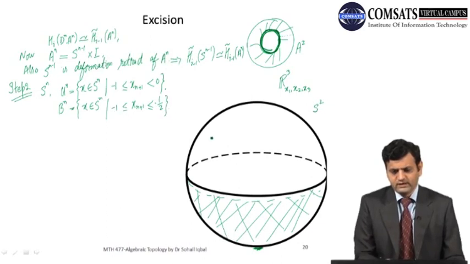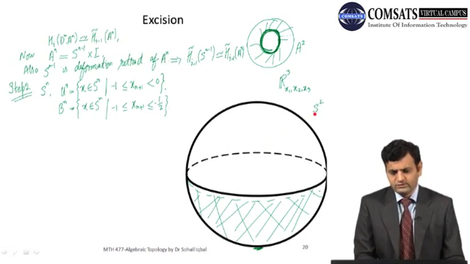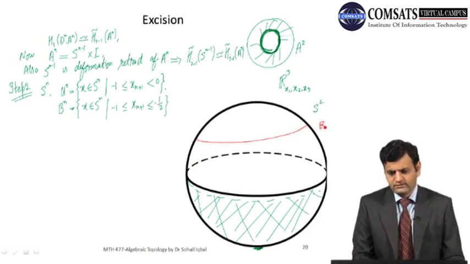Okay, so once again consider the case of S2. In this case of S2, this B2 will be this region, the set of all points such that the z coordinate is less than or equal to 1/2. So z equal to 1/2 is this plane, where we are taking this to be the xy plane.